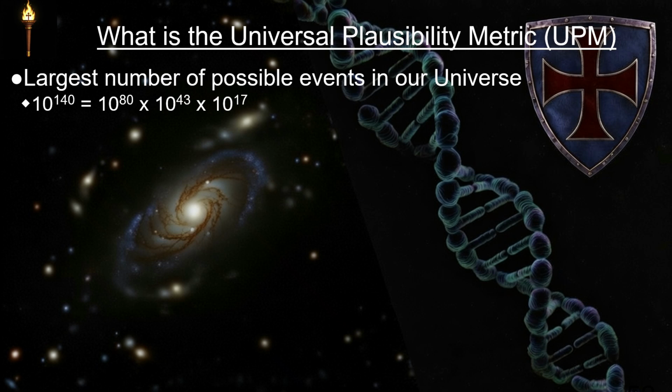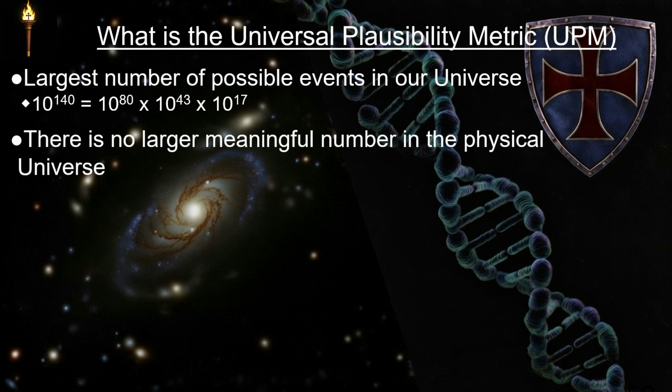What that's doing is it's taking all matter, changing at the fastest rate for all time. So if we call each change an event, then there can be 10 to the 140 events in the entire lifetime of our universe. I want to point out there is no larger meaningful number in the physical universe.